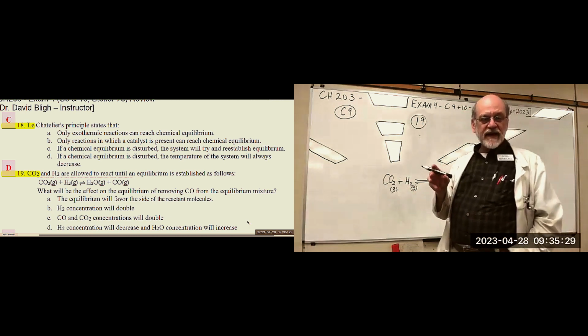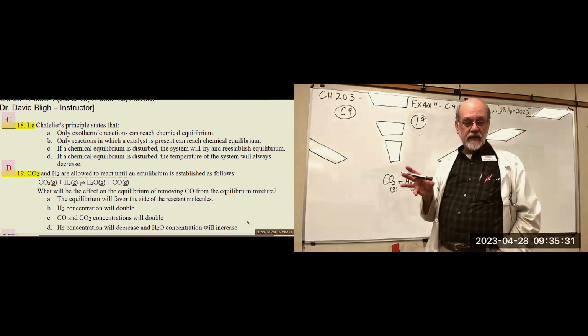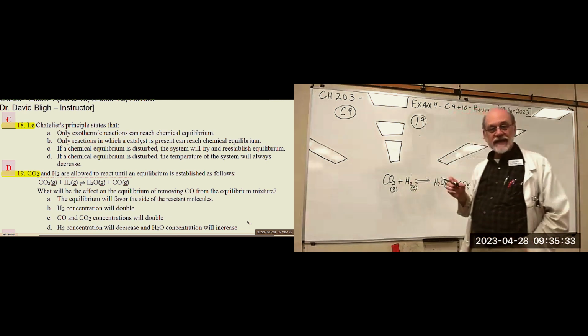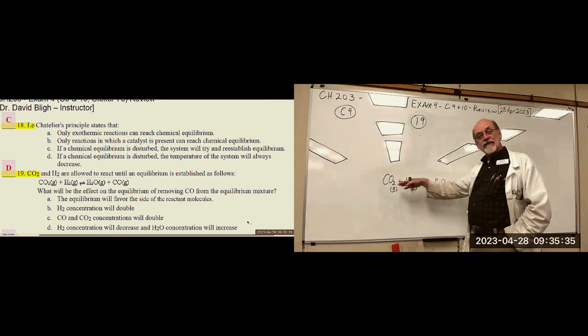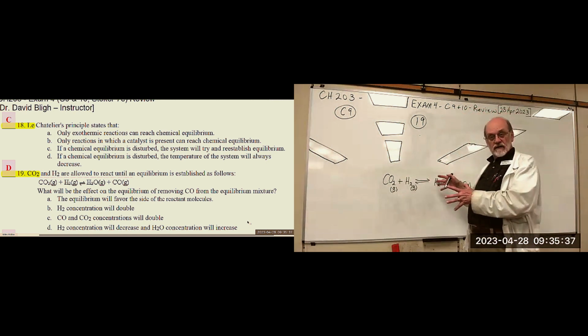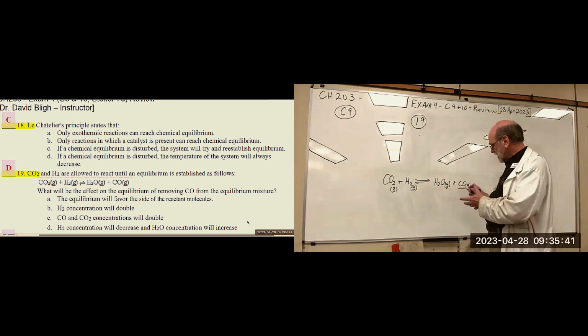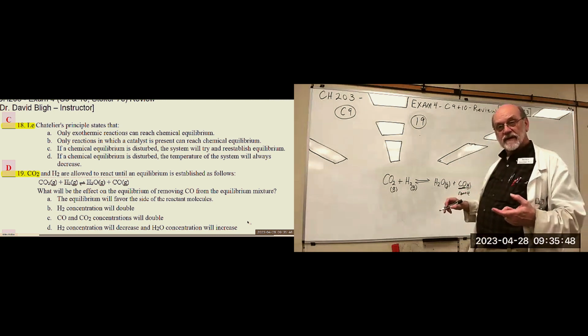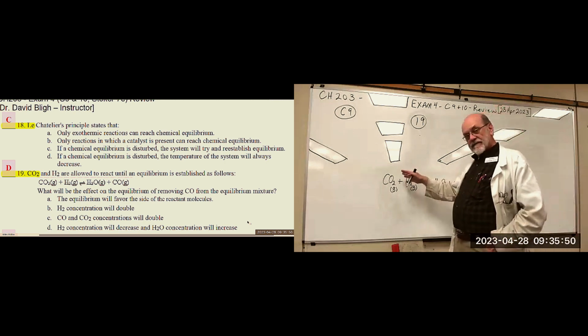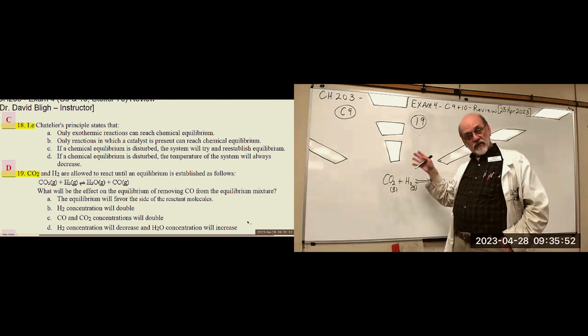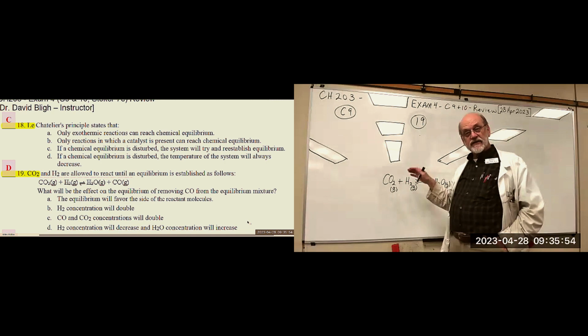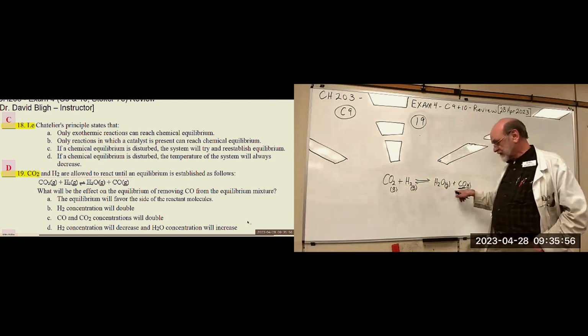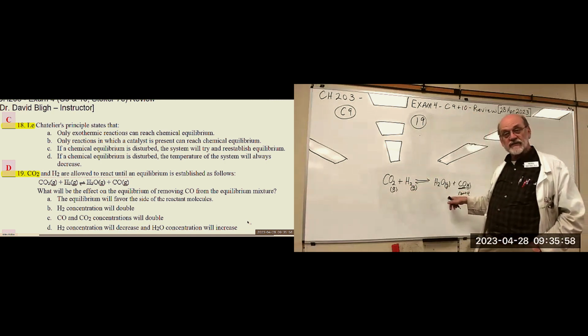What will be the effect on the equilibrium of removing carbon monoxide from the equilibrium? This is established at equilibrium now. What are we going to do to it? We're going to remove some of this. What's going to happen? The reaction system is going to respond in such a way as to replace as much of that carbon monoxide as possible.